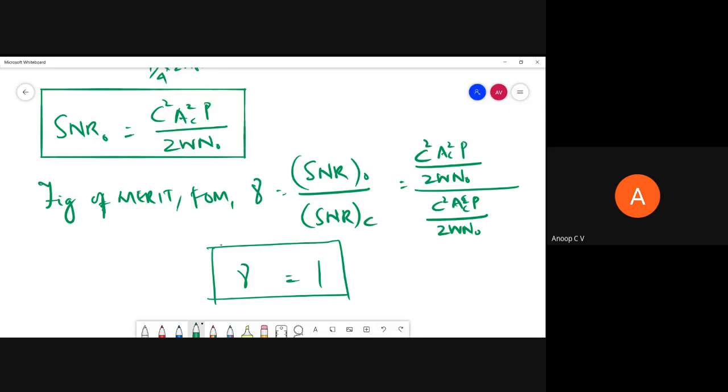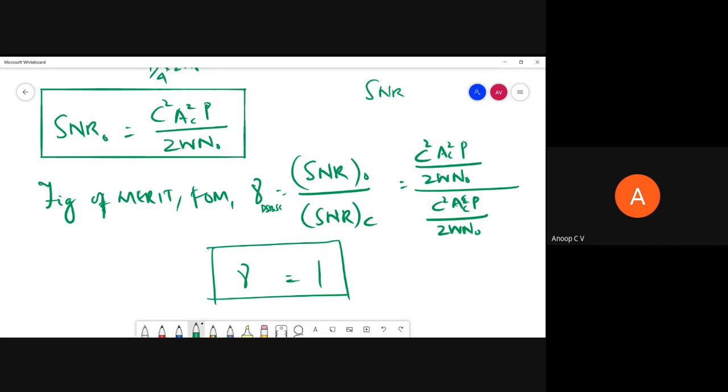For DSBSC, output SNR is equal to channel SNR. So the receiver is not worsening the condition. It's not reducing the signal to noise ratio. Basically, we need SNR to be as high as possible, so the signal power should be greater compared to noise power.